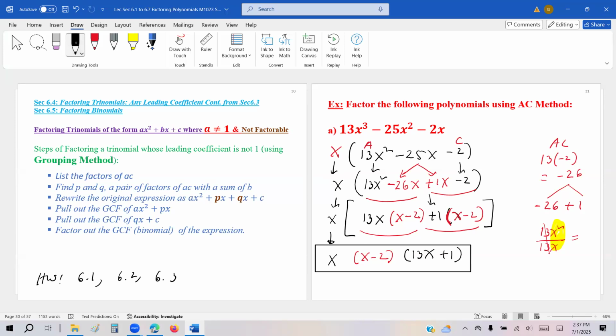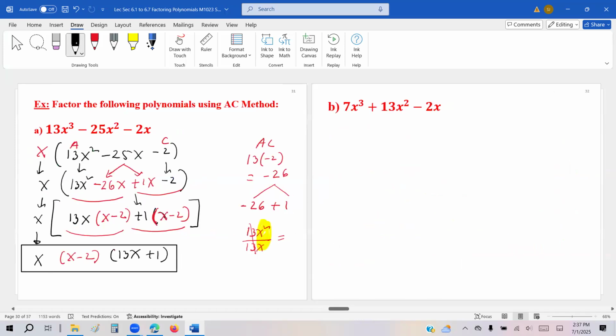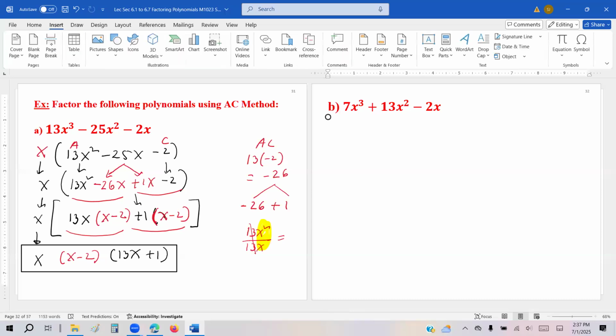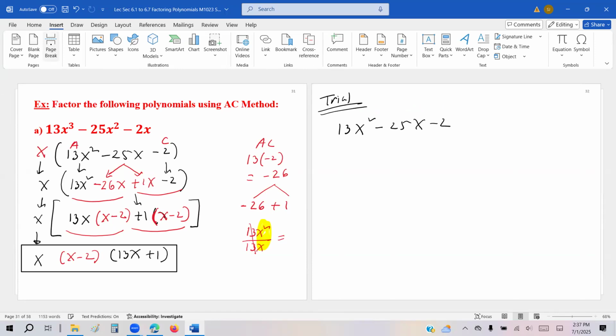If you want, you can use the trial method here. The trial method you can use here because they are prime numbers, so you don't have many choices to work with. So trial. You can use parentheses. So 13x squared minus 25x minus 2.